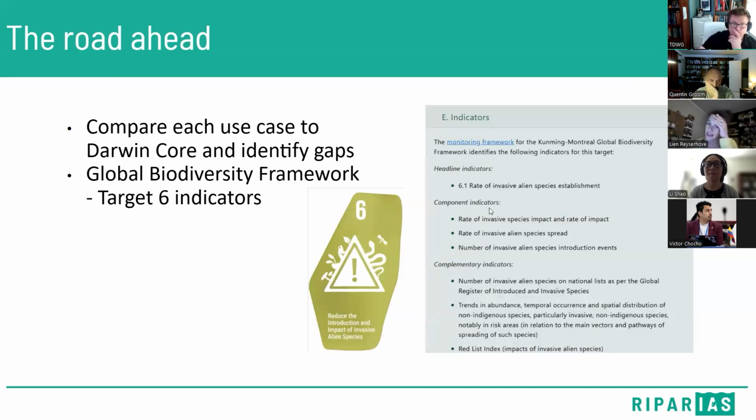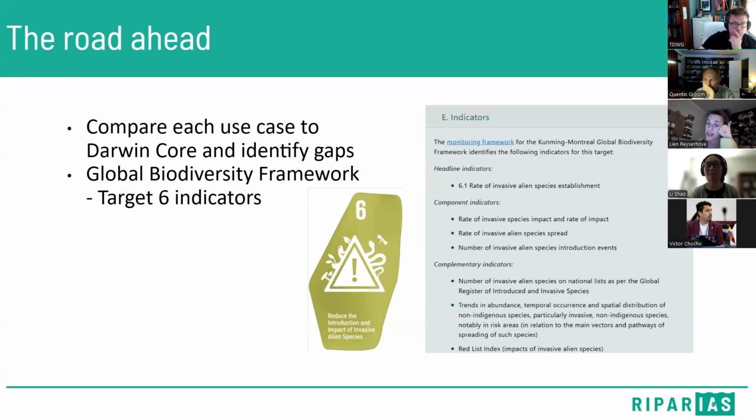And then there's a link with the Global Biodiversity Framework. The target 6 indicators to reduce the introduction and impact of invasive alien species. One of the questions we would like to see answered as well is: do we have the data to make these indicators?